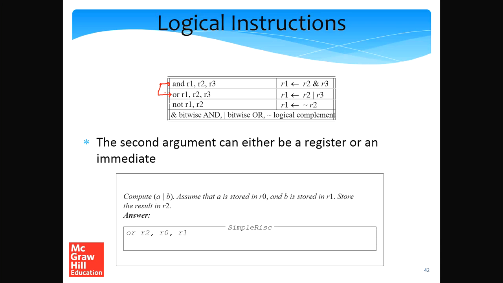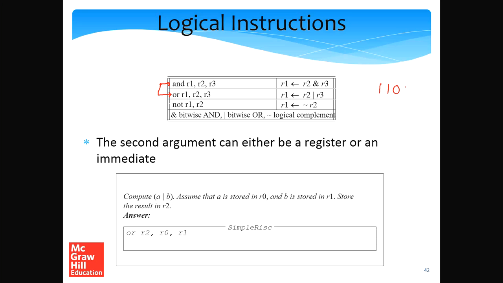In this case, the first two operands have to be registers, and the third operand has to be either a register or an immediate. The AND operation computes R1 is equal to R2 and R3, where this is the bitwise AND. Let me give an example of a bitwise AND just in case people have forgotten.